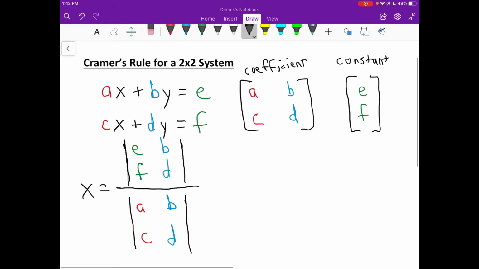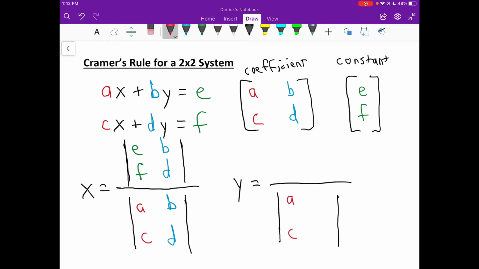It's the same idea if we want to set up for y. Again, the denominator is simply going to be the same coefficient matrix, so no alterations. The numerator is going to have one of the columns replaced and one of the columns rewritten. The one that is replaced should be the one that represents the variable we are solving for.